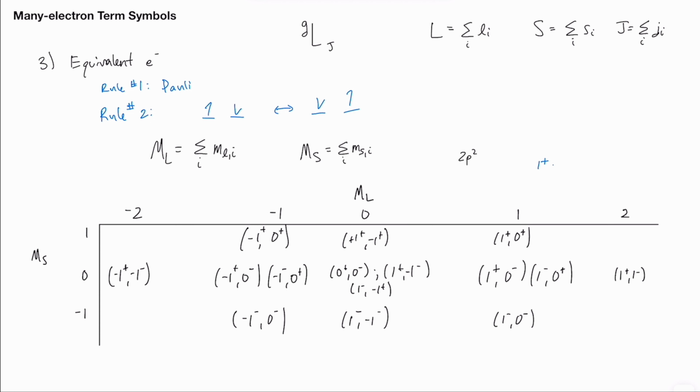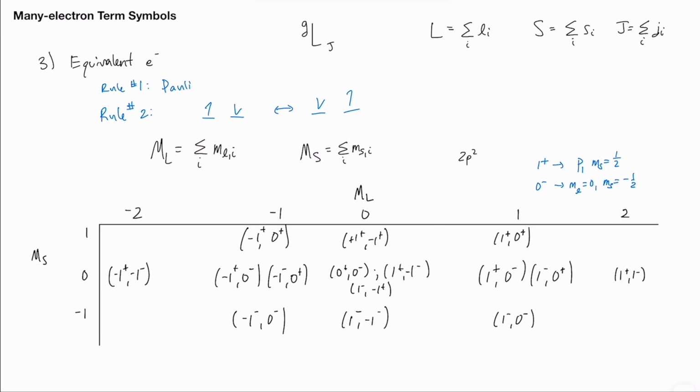What 1 plus would correspond to is an electron in the P1, so m sub L is equal to 1, with m sub s equals plus 1/2. Or another example, 0 minus would correspond to m sub L equal to 0, and m sub s equal to -1/2.